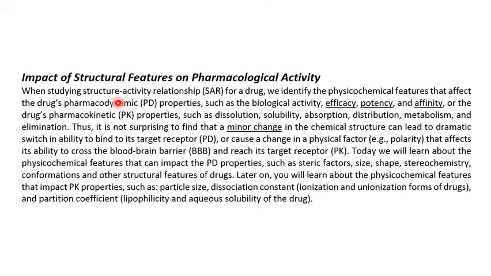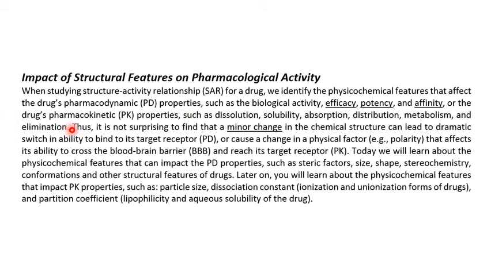When we study the structure-activity relationship for a drug, as we have seen earlier, we identify the physicochemical features that affect pharmacodynamic properties such as efficacy, potency, and affinity, or pharmacokinetic properties such as dissolution, solubility, absorption, distribution, metabolism, and elimination.